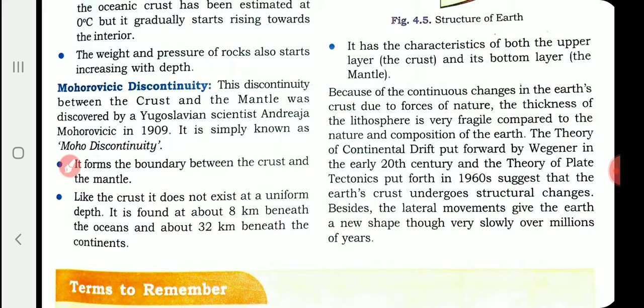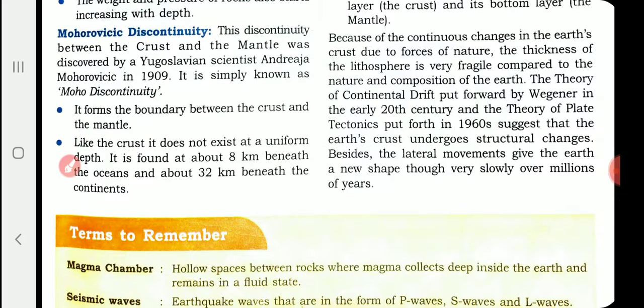I have told you, and of course I told you core is completely in solid state because of the high pressure and temperature, and almost 4000 degrees Celsius is the temperature of the core. But still it is in the solid state. I told you why it is in the solid state. Why is it in the solid state?